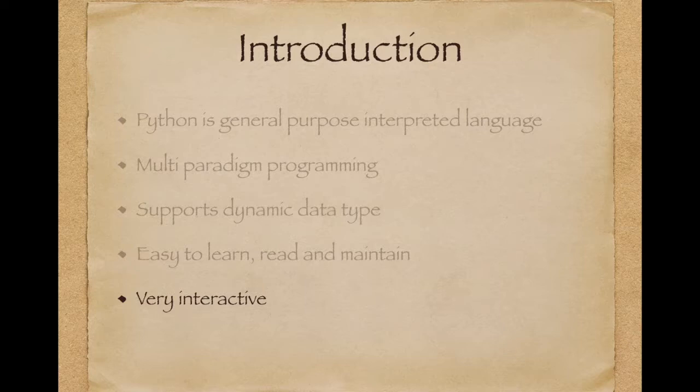Simply, if you type a, in the very next line you will get the value stored in that variable a. It is very responsive and very interactive. This is what we call auto echoing or auto printing. Automatically, it prints the value of any variable that has been typed in the Python shell. For that reason, we call this very interactive.